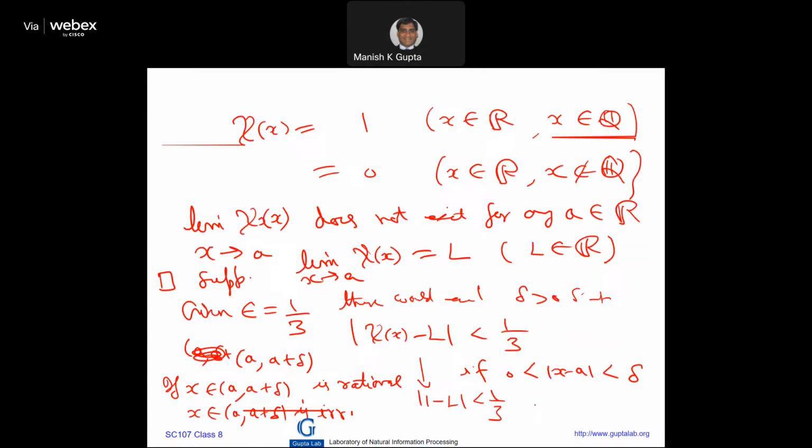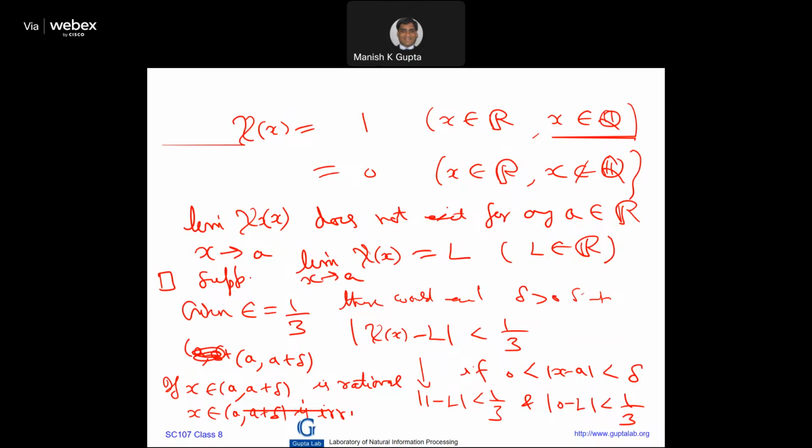You may ask why we are talking only about this neighborhood, and that we should worry about the left hand side also. No, I have to show the contradiction. I am just taking some specific values.